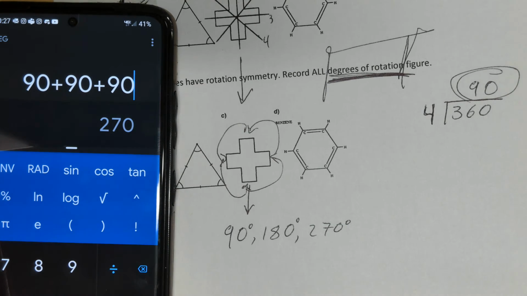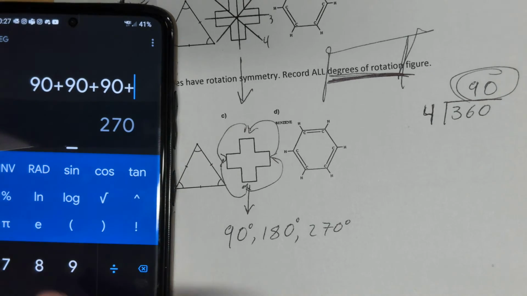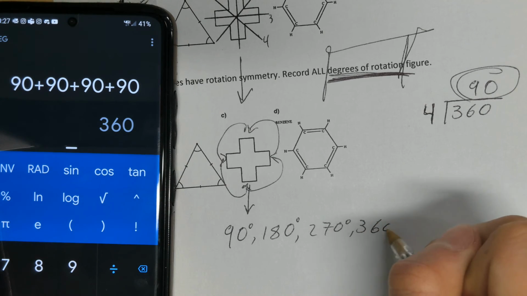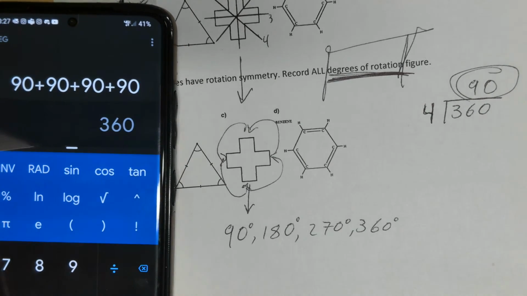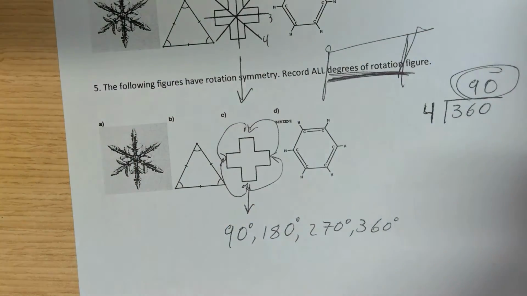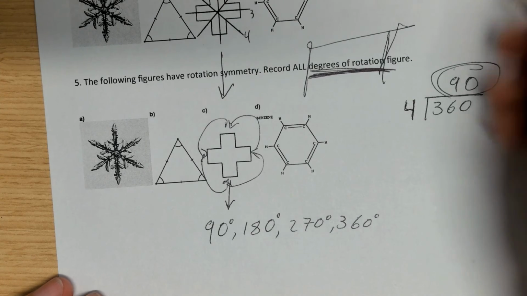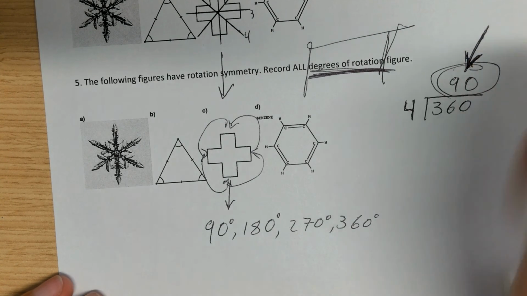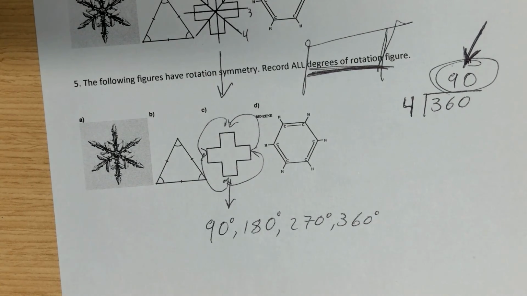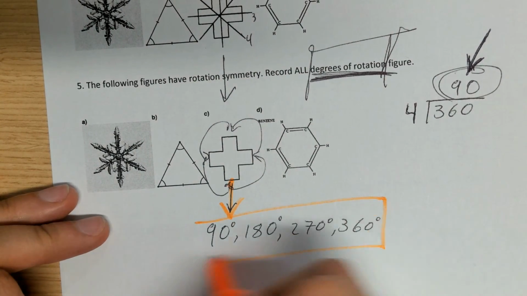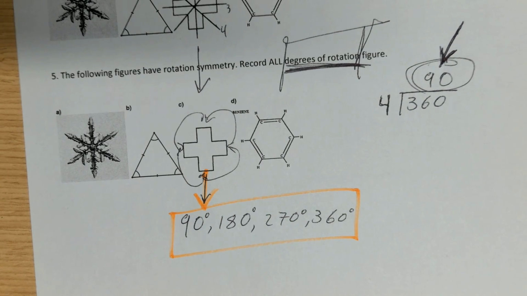When you get to 360, you can stop. Another 90, you see that you get 360. So yep, you just keep adding that number. And that's it. So for letter C, those are the solutions.